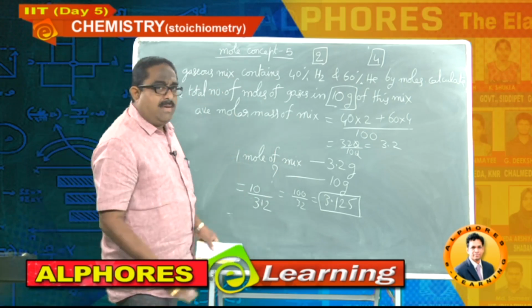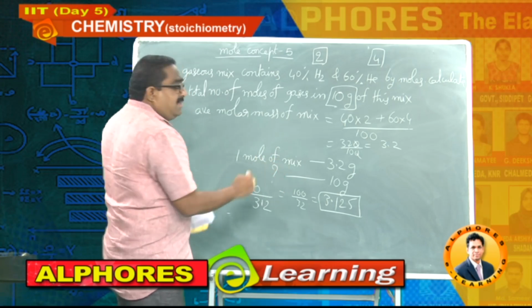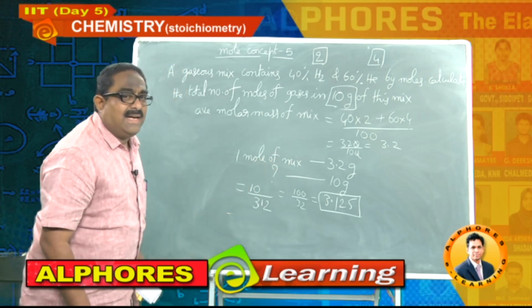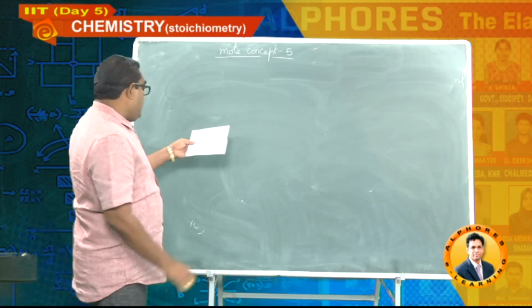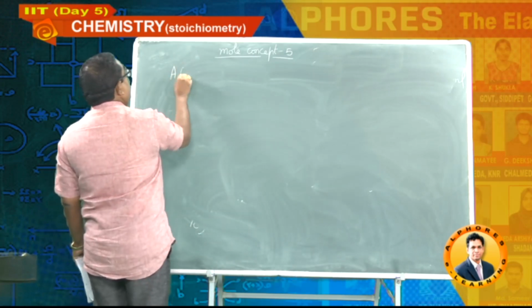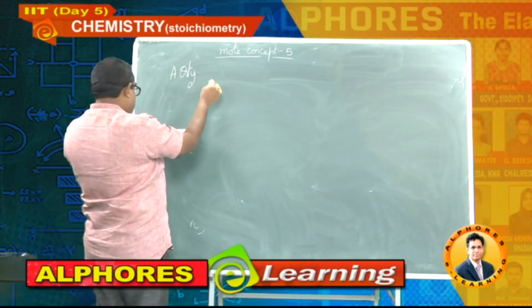Numerical by numerical, I am trying to change the model of asking the question, students. So please concentrate. Students, write down the next question. A quantity, I am writing the shortcut, write down along with me.